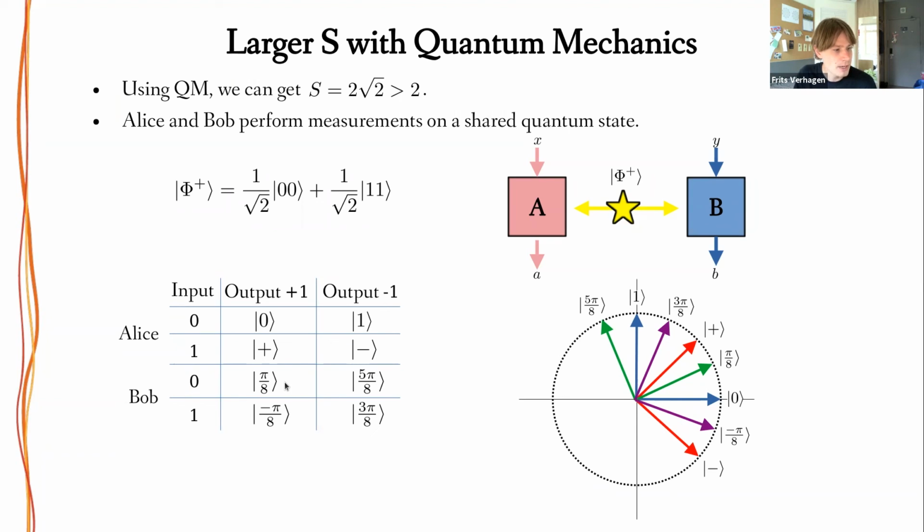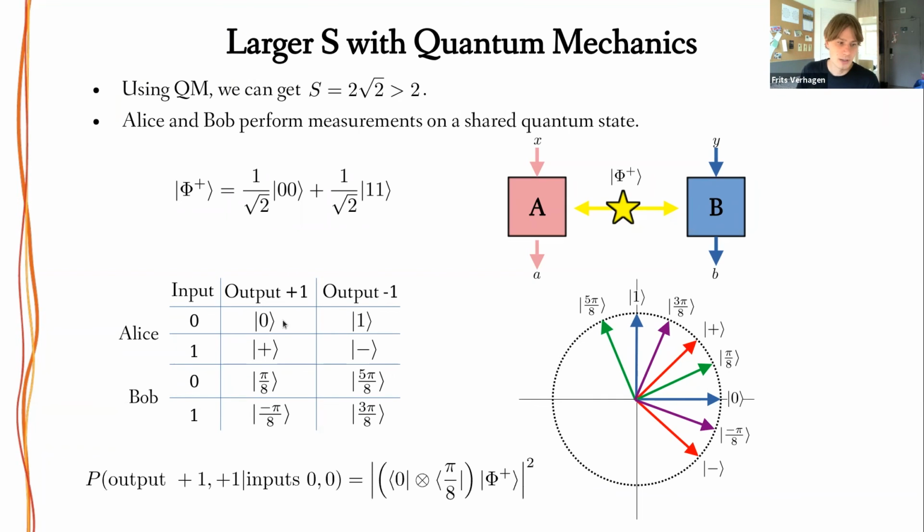And then Bob uses the green basis when the input is 0, and he uses the purple basis when the input is 1. And then depending on which one they measure, they will output a +1 or a -1. So this is how Alice and Bob will do this.